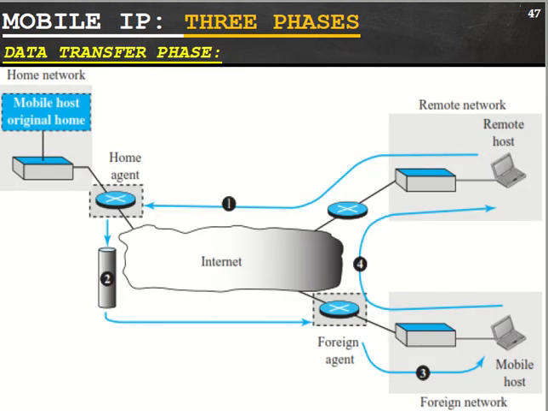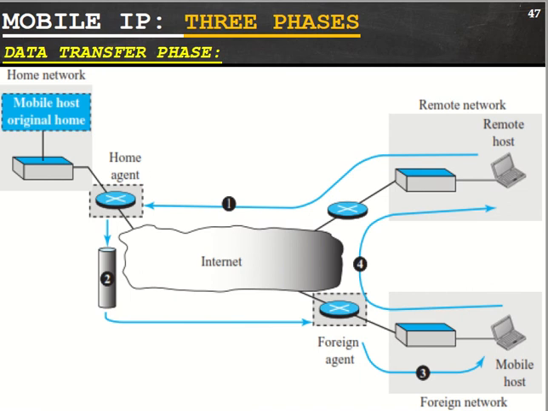After the discovery and registration, the mobile host can communicate with a remote host as shown in this particular diagram. So this is the home network, this is the home agent, this is the internet. So this is the foreign agent. You have one mobile host here in a foreign network. Similarly, we have a remote host and a remote network which are connected through the internet.